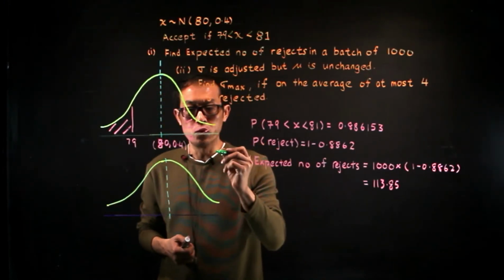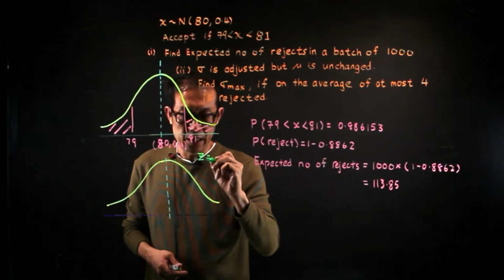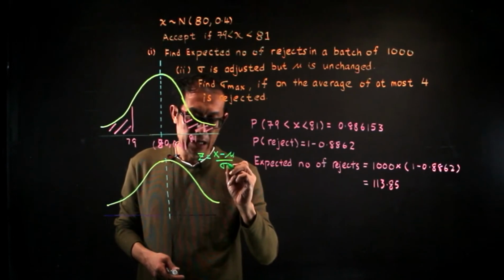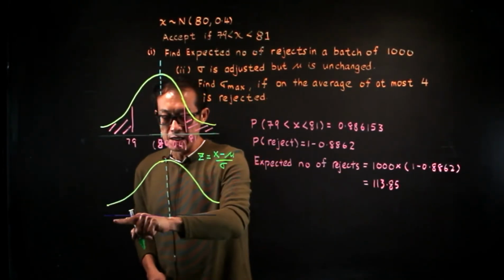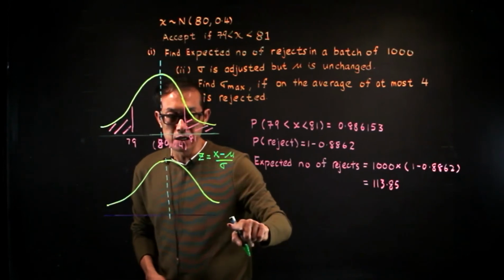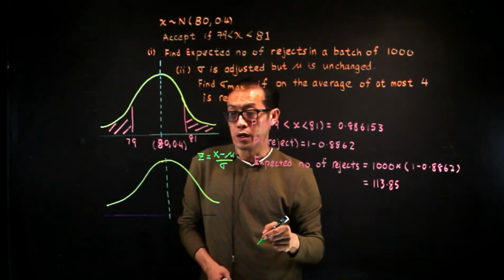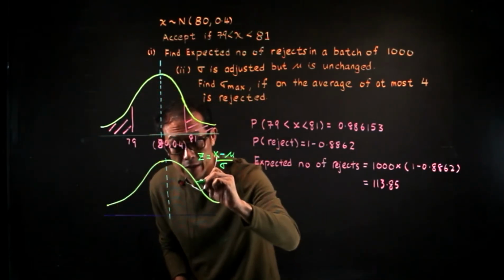Then you need to apply this formula. Z will be equal to x minus mu over sigma. Now, Z is the value here, and X is the original value.